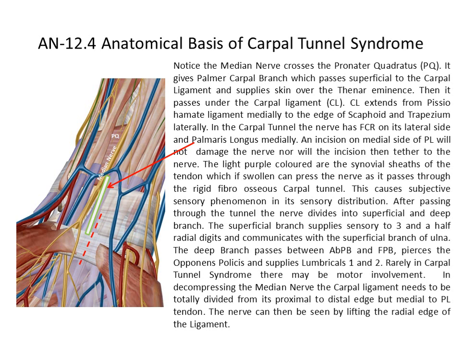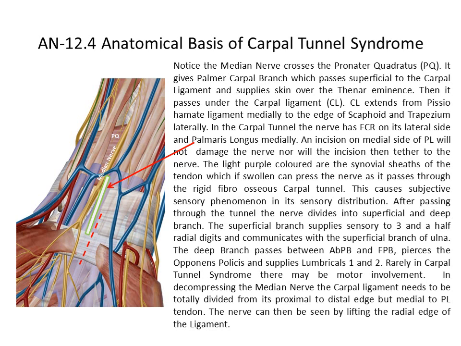The light purple colored structures are the synovial sheaths of the tendons, which if swollen can press the nerve as it passes through the rigid fibro-osseous carpal tunnel. This causes subjective sensory phenomena in the sensory distribution of the median nerve. After passing through the tunnel, the nerve divides into the superficial and deep branches.